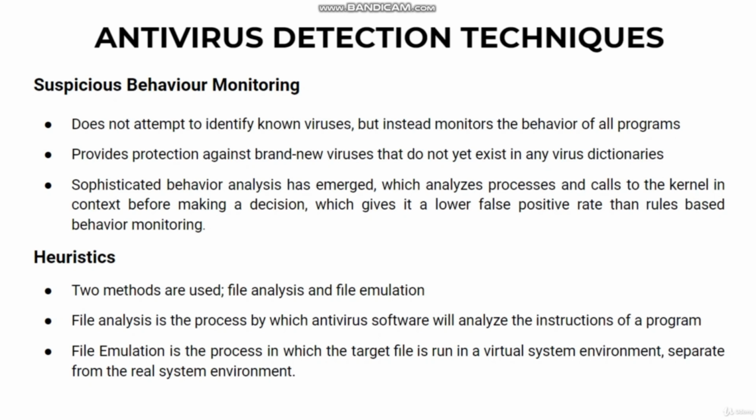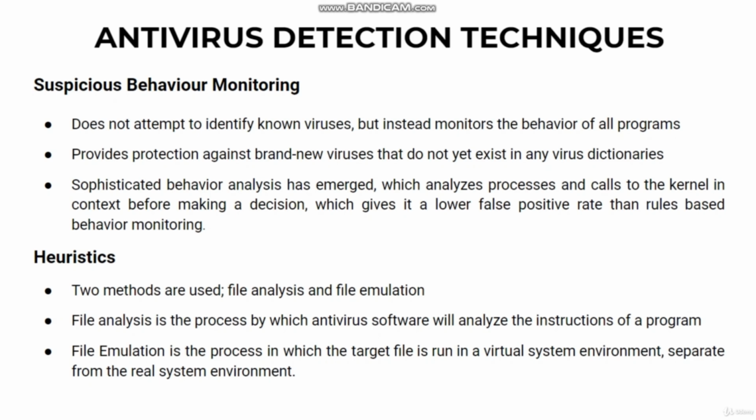In recent years, however, sophisticated behavior analysis has emerged which analyzes processes and calls to the kernel in context before making a decision, which gives it a lower false positive rate than rules based on behavior monitoring.